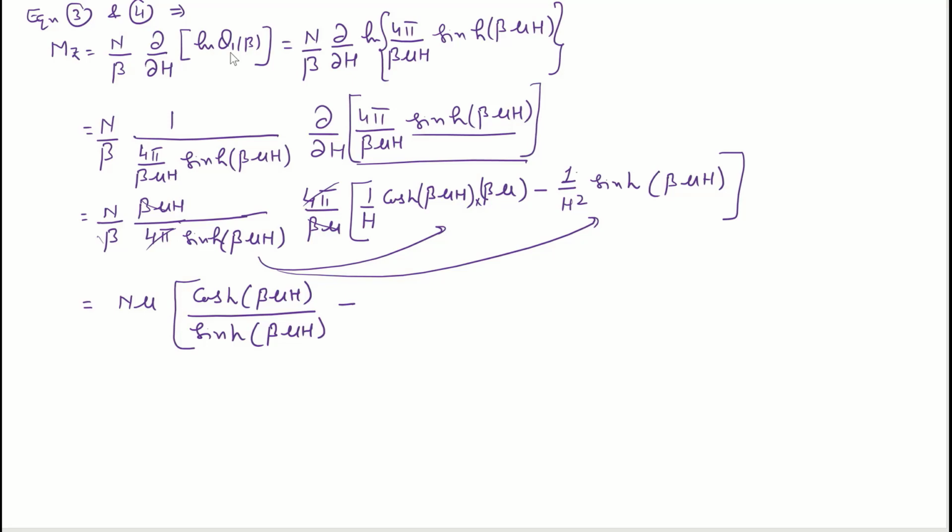All the rest of the terms will cancel with each other: 4 pi will cancel with 4 pi, beta mu will cancel with beta mu, h will cancel with h, and beta will also cancel with beta. So n mu is left outside, and in the second term we are only left with minus 1 upon beta mu h.